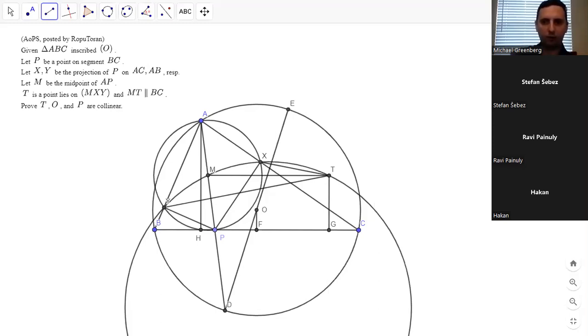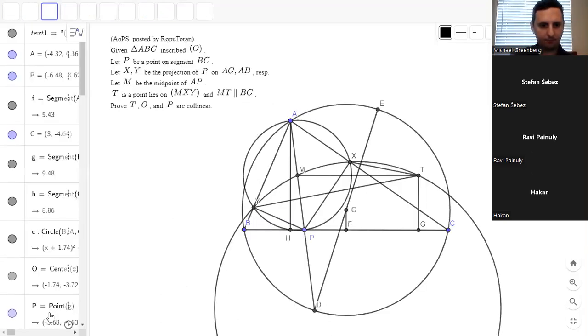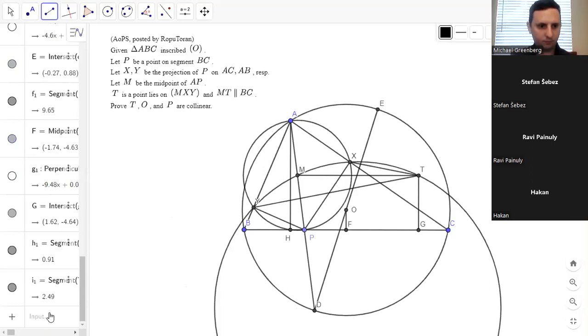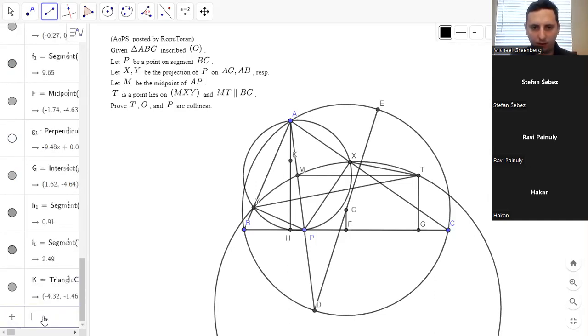So really we could just draw the orthocenter of ABC, call it K. And we just want to show that AK over AH is PF over PG.